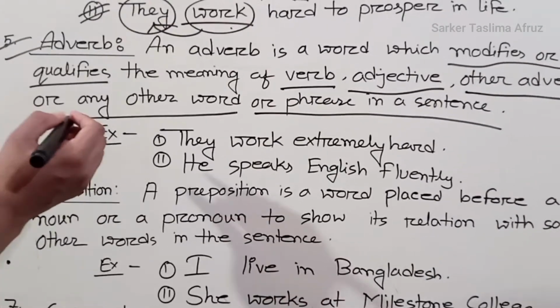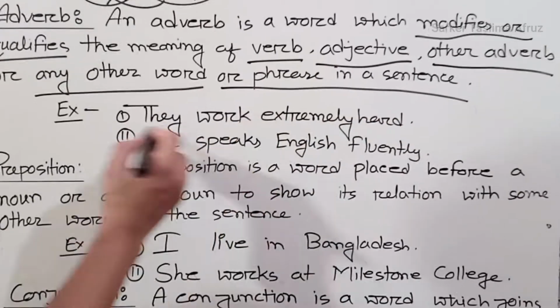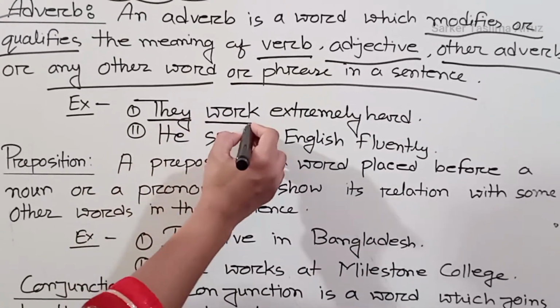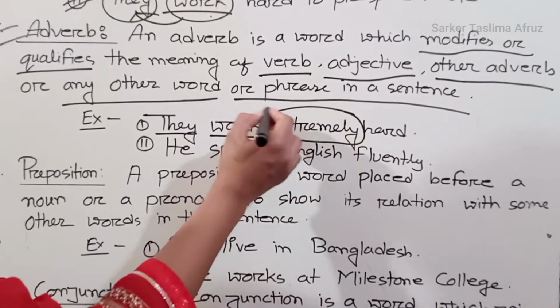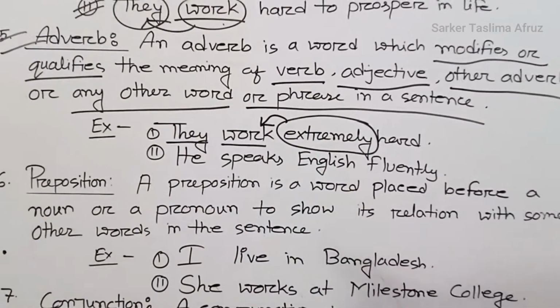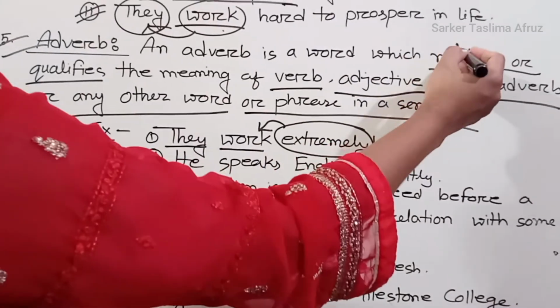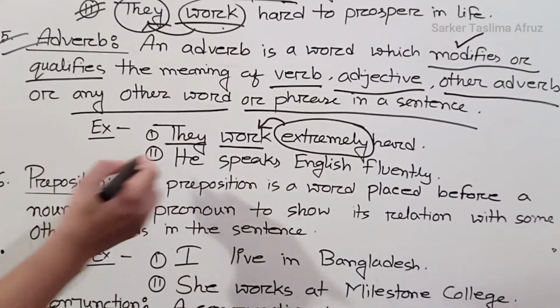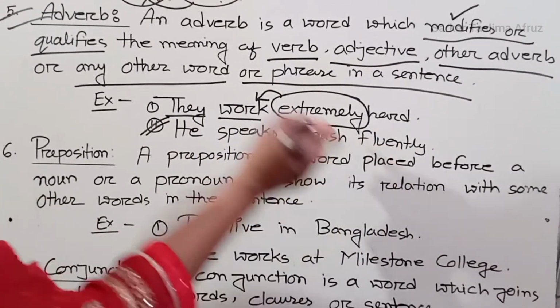Here are some examples for you. You can see, they work extremely hard. It's the subject and verb, and how do they work? Extremely hard. It modifies work. So I have already mentioned this, it's work as a modifier. Next, we can say he speaks English fluently.